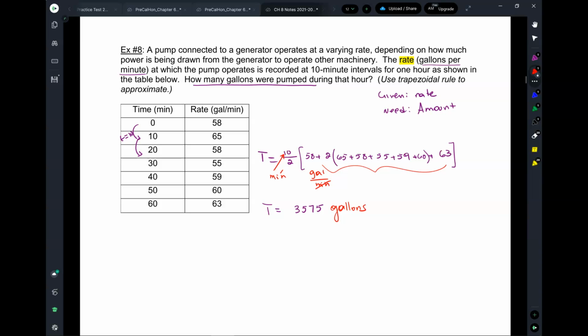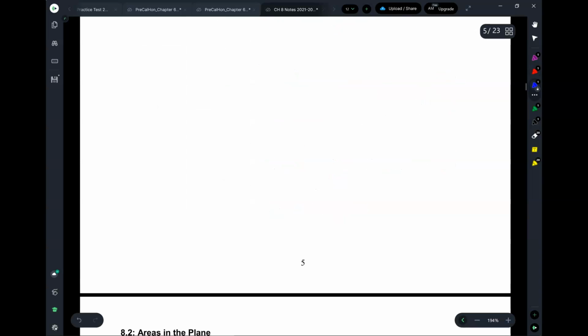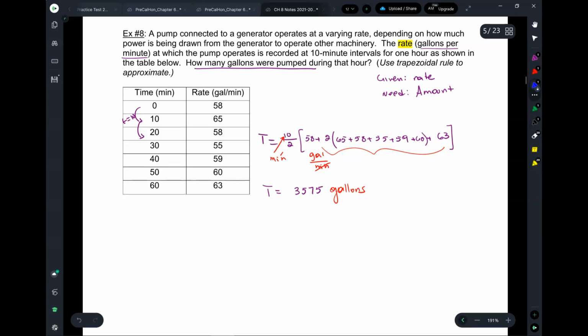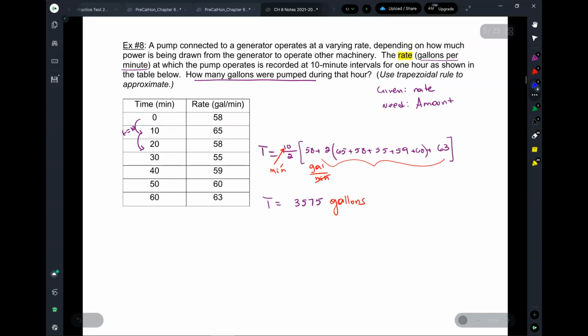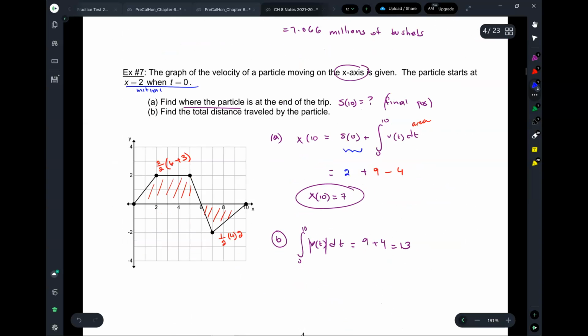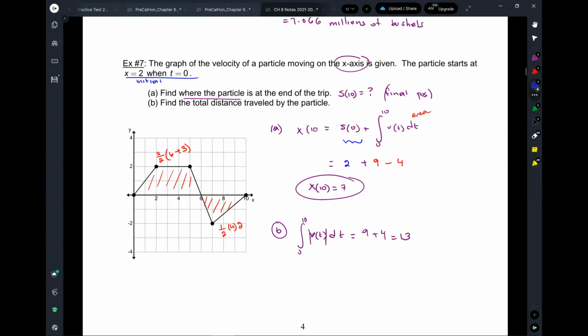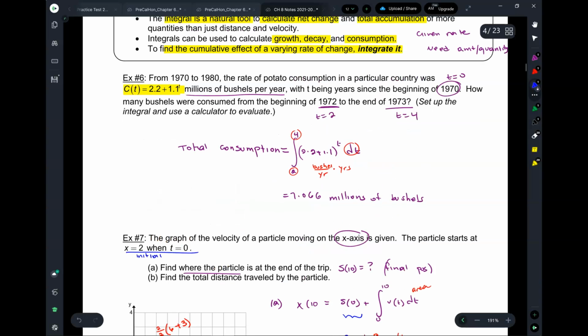Okay, now, so that's section 1, but let's recap now. Let's tie things together. In this case, again, you were given rate, you needed the amount. You were given rate, you needed the amount of distance traveled. You were given rate, you needed the amount of potatoes consumed.